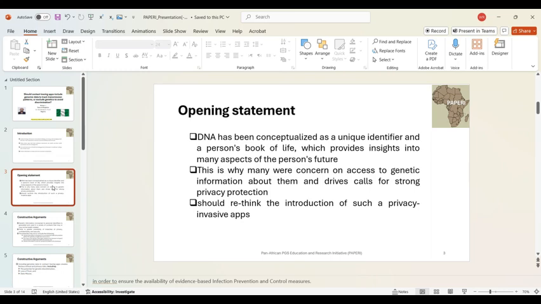This is why many are concerned about how genetic information about them is handled, and it drives the call for strong privacy protection. So if there is any initiative that genetic information should go ahead, there should be a rethink so that the privacy of people cannot be invaded.